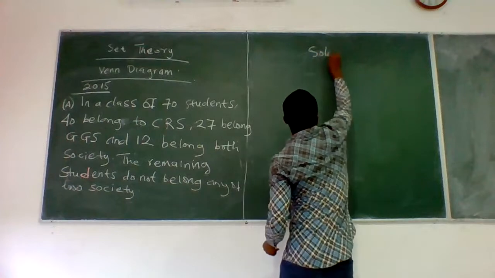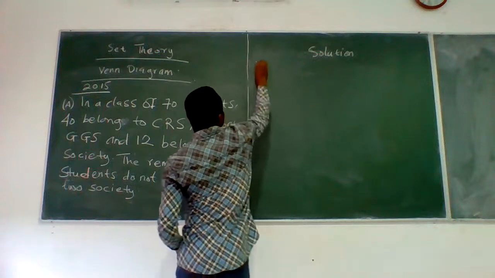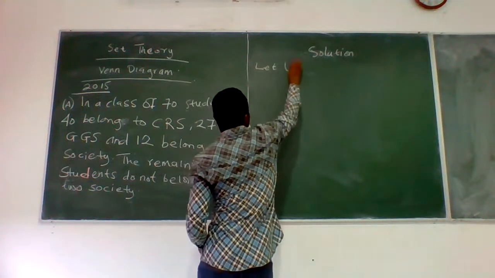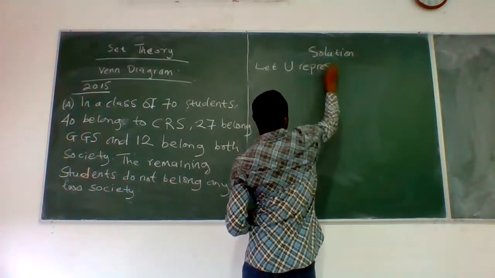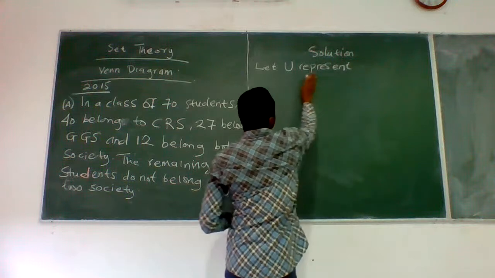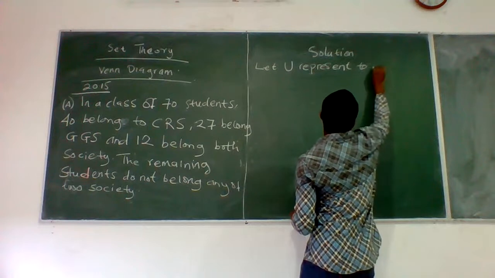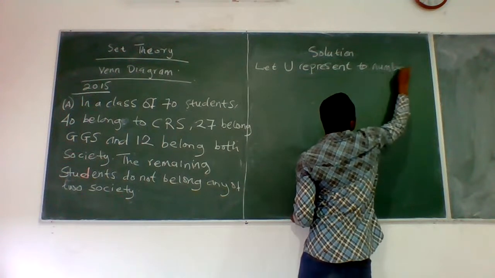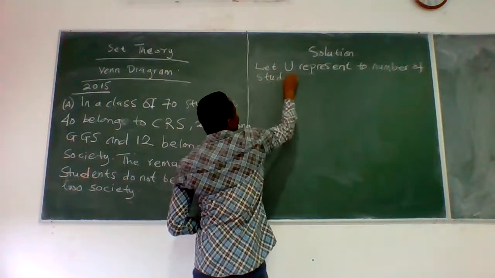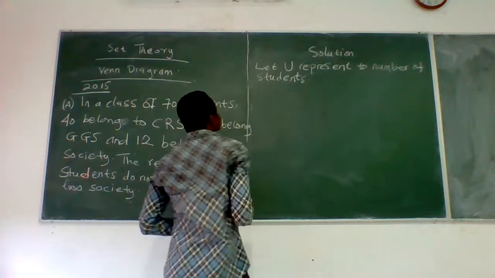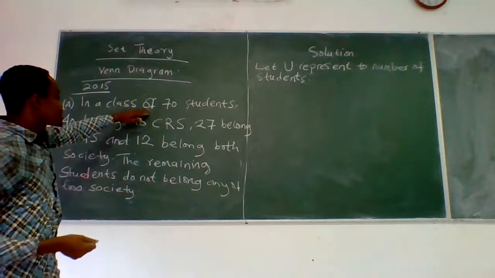Solution. Let U represent our universal set. We want to write everything in terms of symbols so that it will be simple for us. U now is the total number of students. That is our universal set.